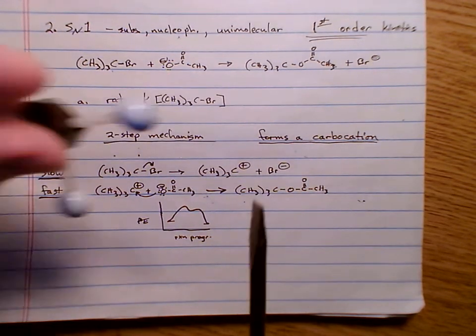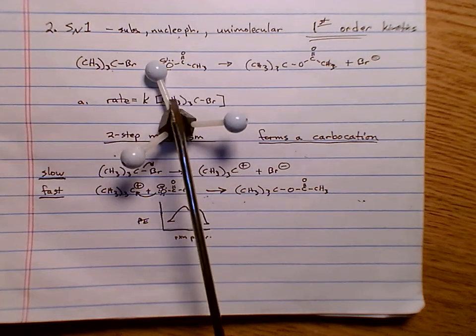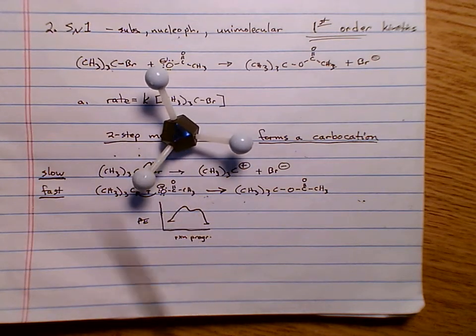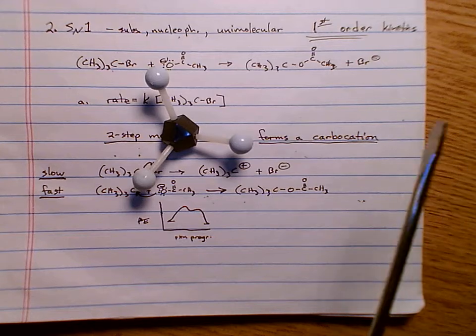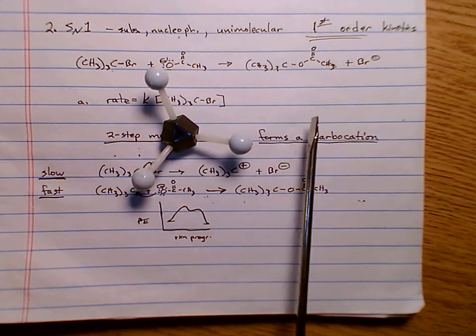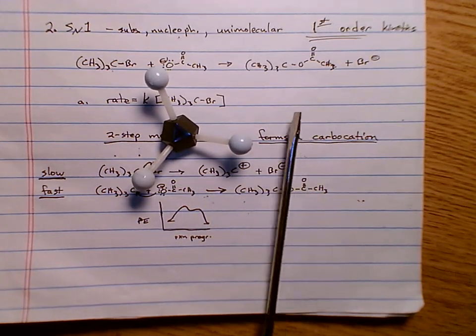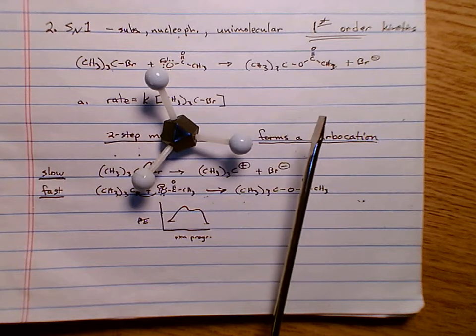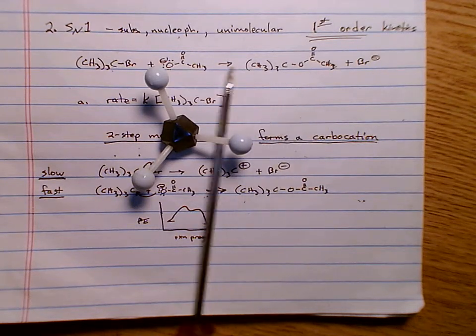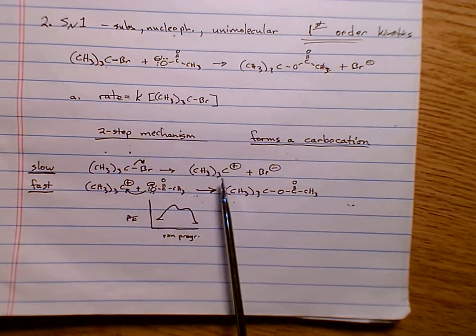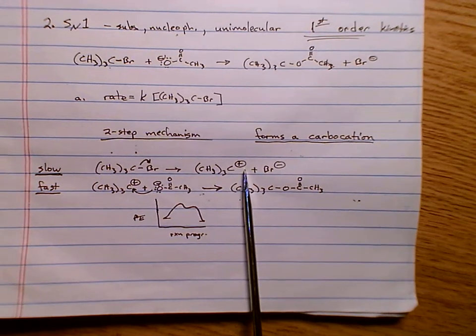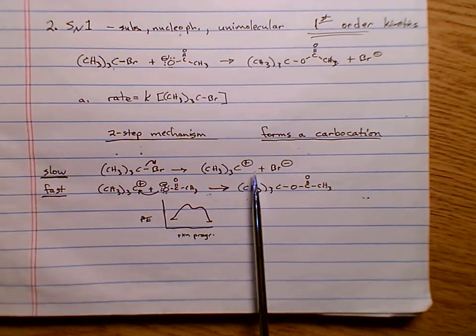And the nature of this beast, this carbon that has 3 bonds coming from it after the leaving group left and took its electrons, 3 bonds and no lone pairs, that's what is going to give us all of the properties of this mechanism. Because it gives us a carbon with a positive charge, a carbocation.